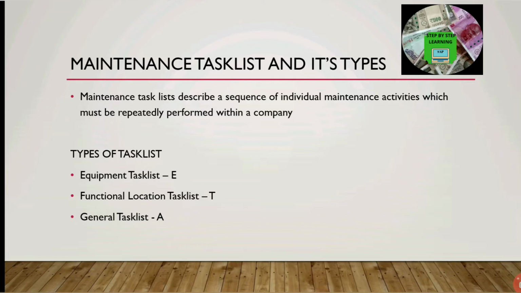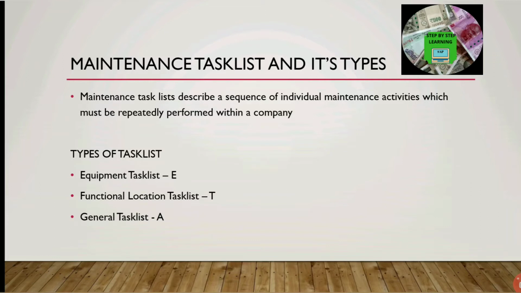If you are creating the maintenance order for corrective maintenance or breakdown maintenance, you can directly select the task list instead of entering all the operations. It is easy to select the equipment task list directly from the maintenance order.